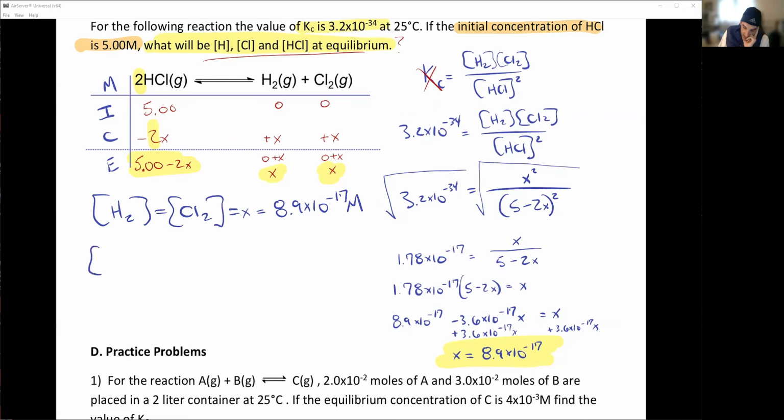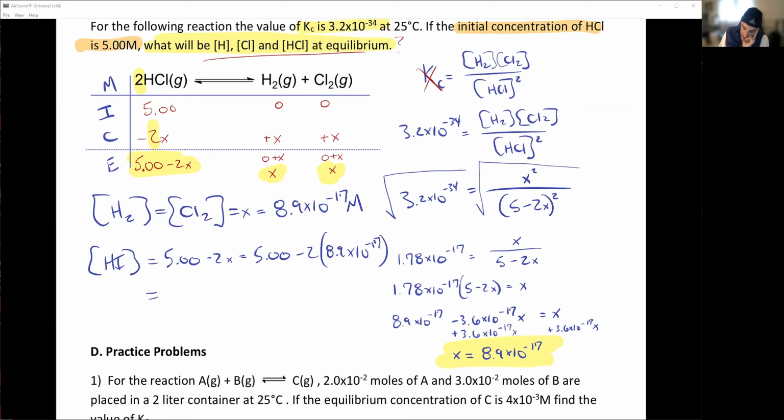But that also means the concentration of HCl, which is equal to 5.00 minus 2x, is equal to 5.00 minus 2 times our x value of 8.9 times 10 to the negative 17.